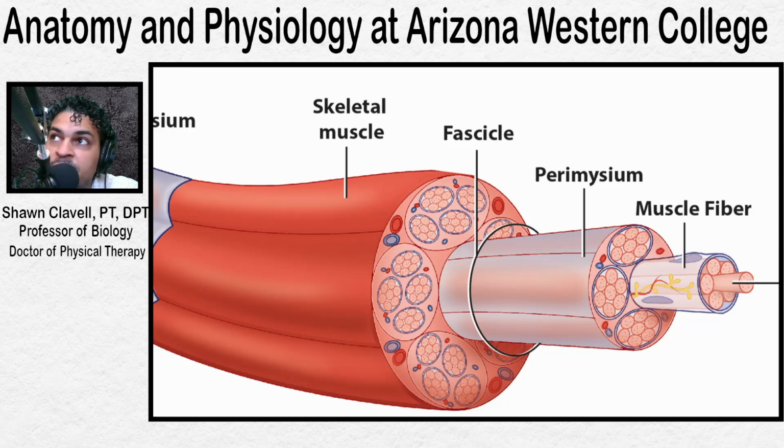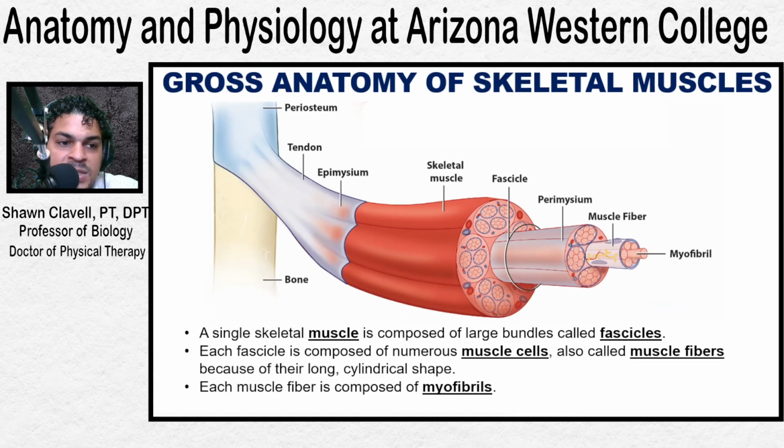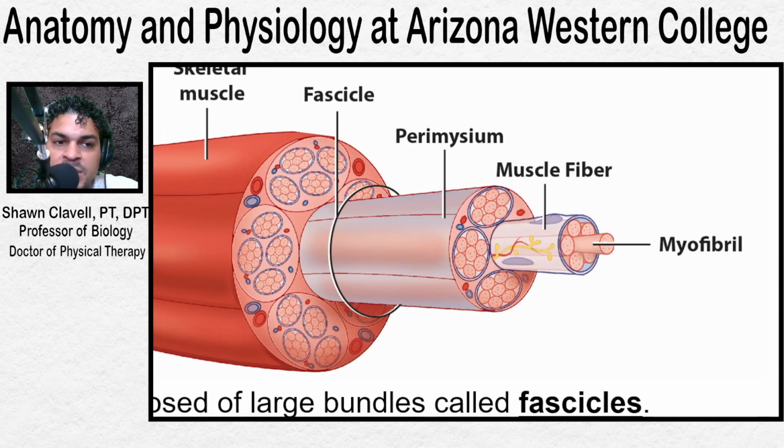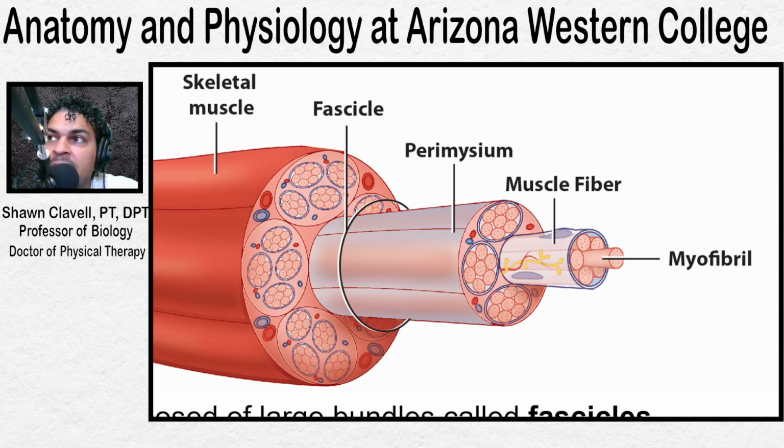If we put a bunch of fascicles together along with the connective tissue covering and the neurovascular bundle, what we get is a skeletal muscle. And so each fascicle is composed of a number of muscle cells, or perhaps we should say it better, muscle fibers. As well, each muscle fiber is composed of the protein structure myofibril.